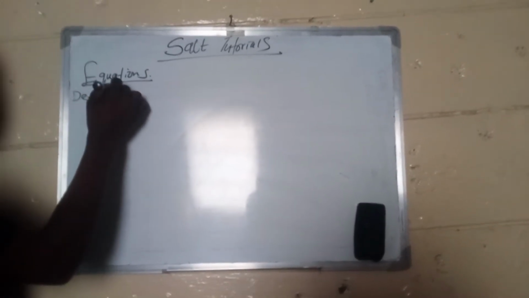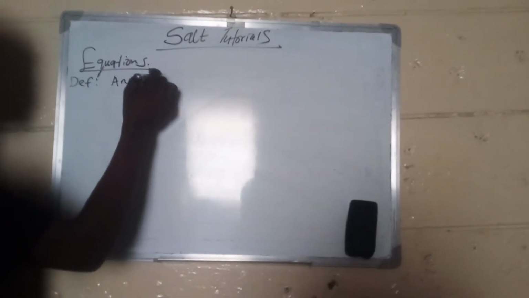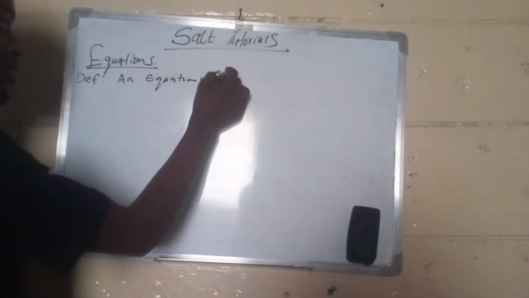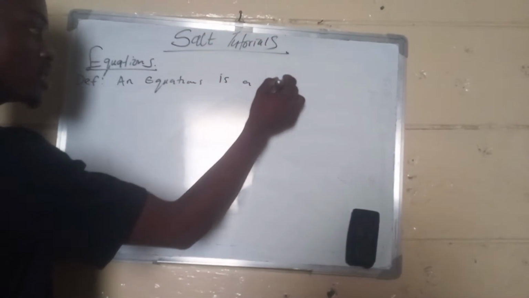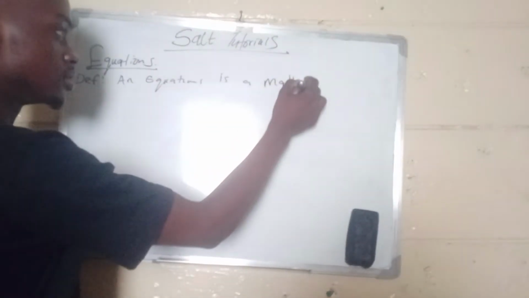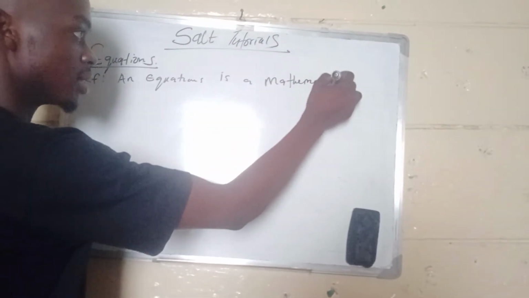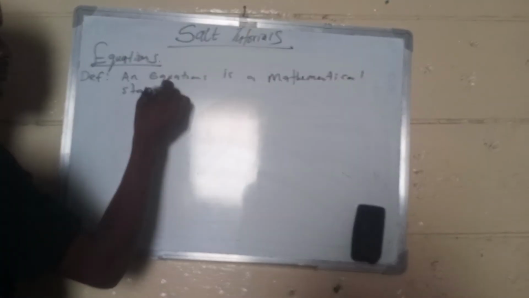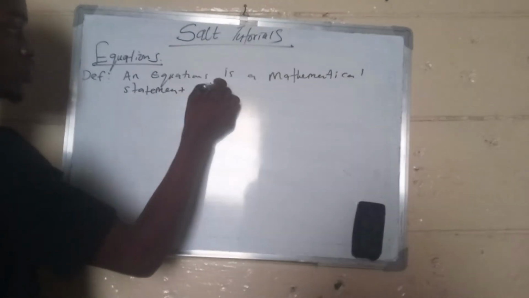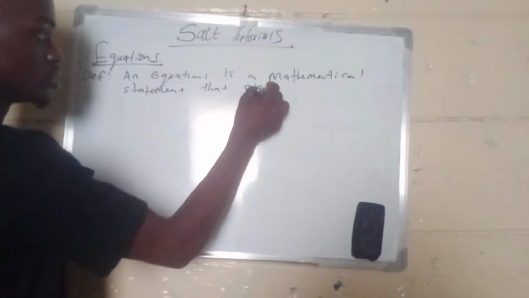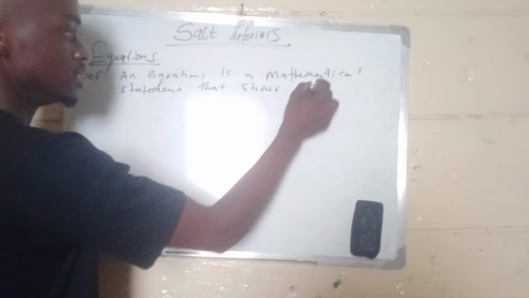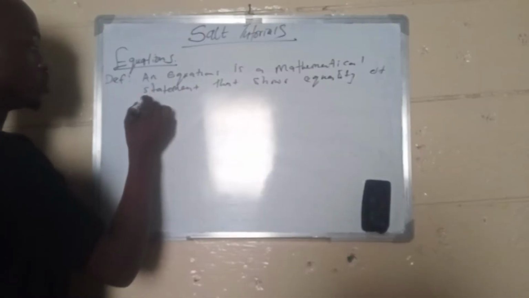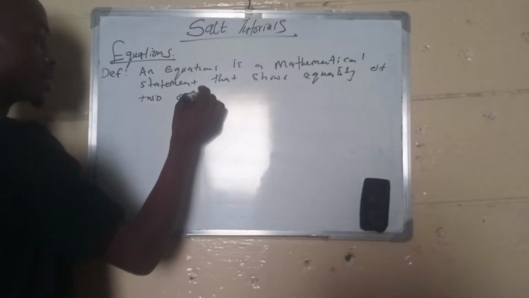By definition, an equation is a mathematical statement that shows equality of two or more expressions.